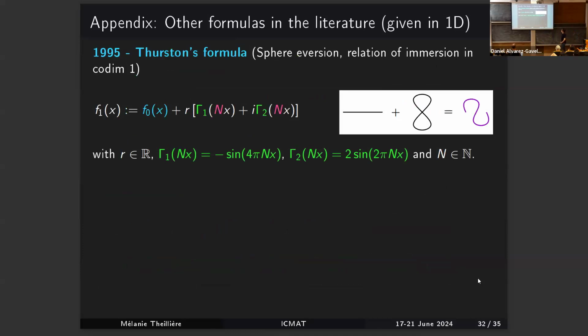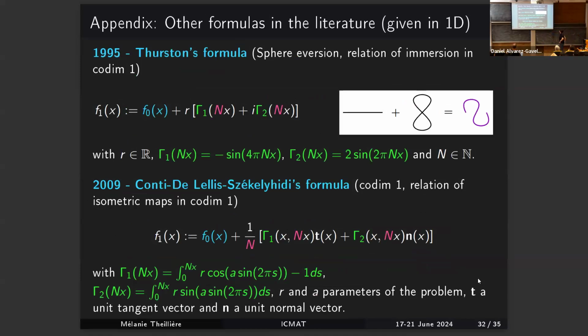So we saw the Thurston formula for the relation of immersion in codimension 1. This is also a formula in codimension 1 for the relation of isometric maps by Conti, De Lellis, and Székelyhidi. Even so, I just show you that plenty of formulas exist.